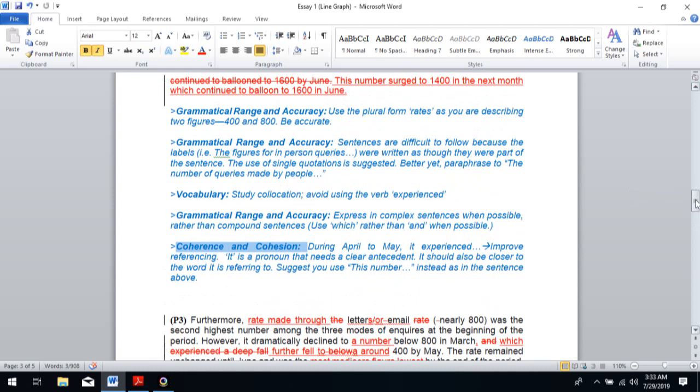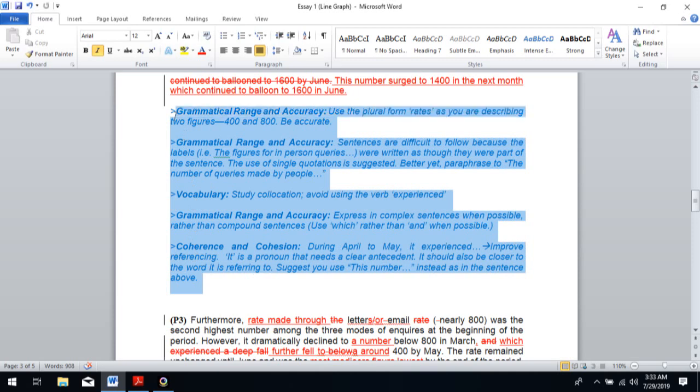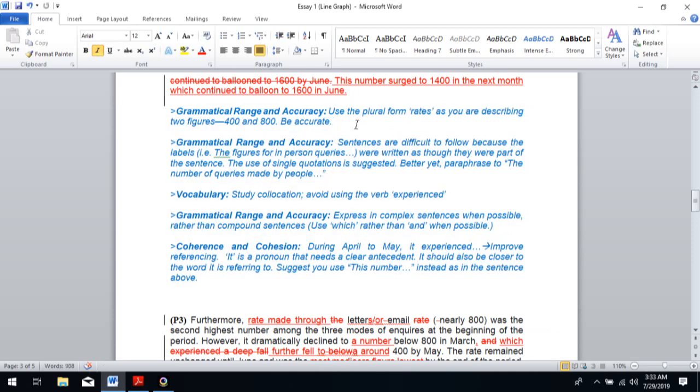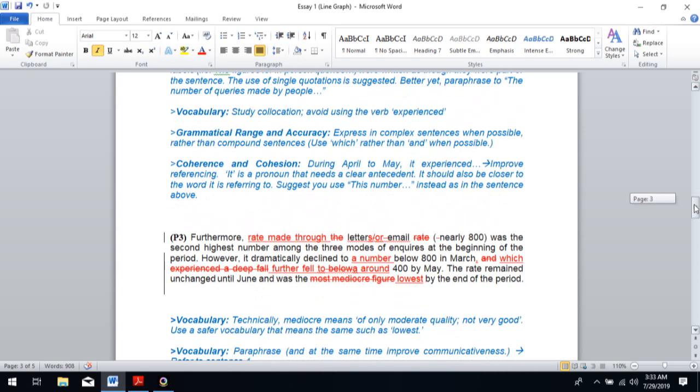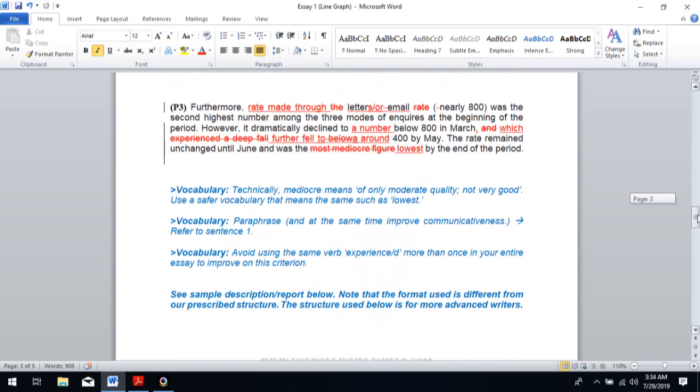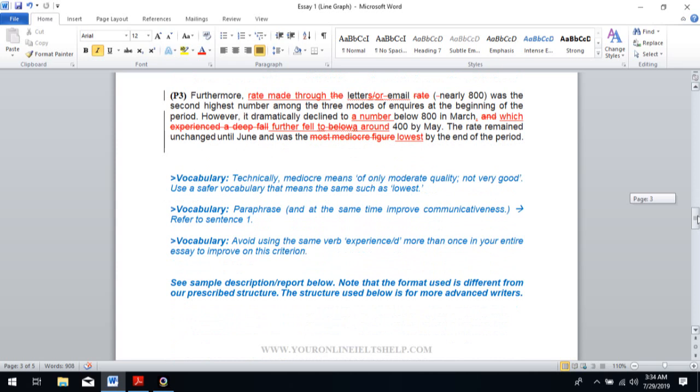The way I correct is that I explain the individual errors that the student made in her essay, and then I also suggest the things that she can do to improve her writing. And there's more for P3. For P3, however, most of my comments focus on vocabulary.